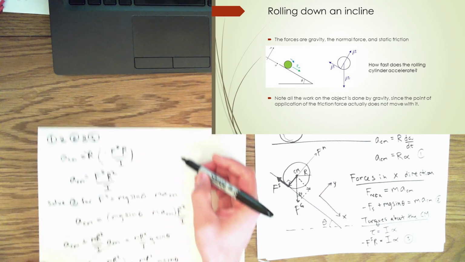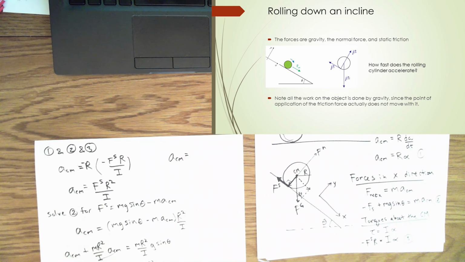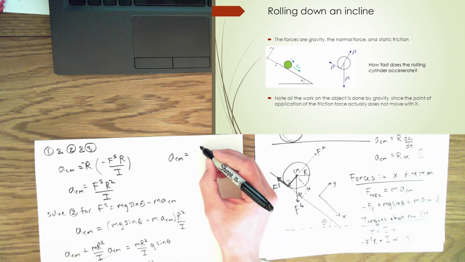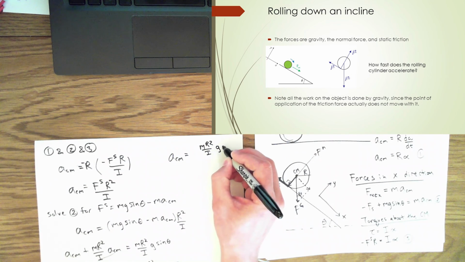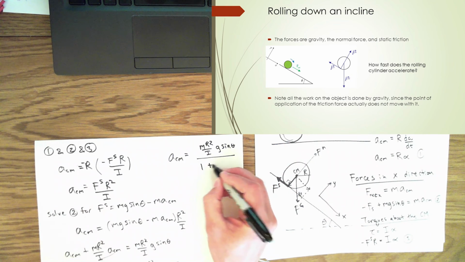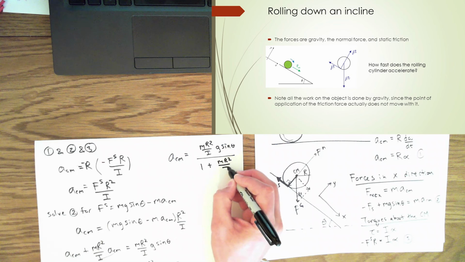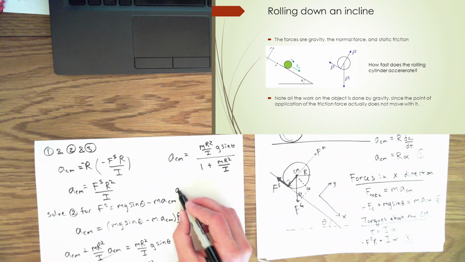It looks kind of messy, but it's not bad actually. If you divide both sides by this piece, you have a formula. You might neaten it up one more step.